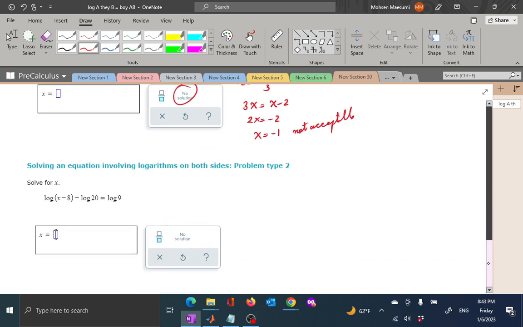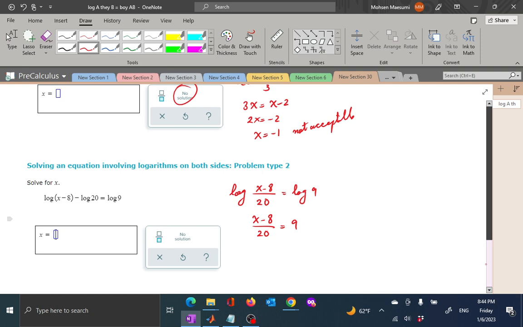Another type 2. Remember, logarithm with no base written means logarithm base 10, but in this case it doesn't matter what logarithm you have. So logarithm of x minus 8 over 20 is equal to logarithm of 9. The only way this makes sense is the arguments have to be the same.